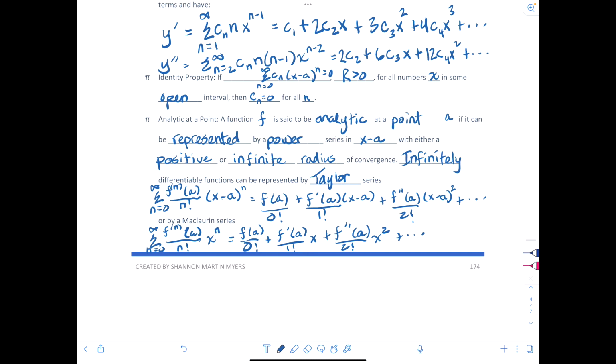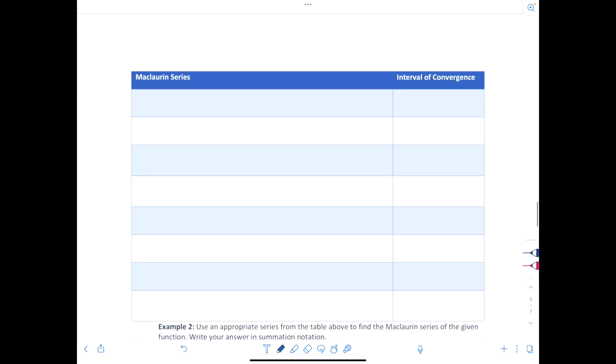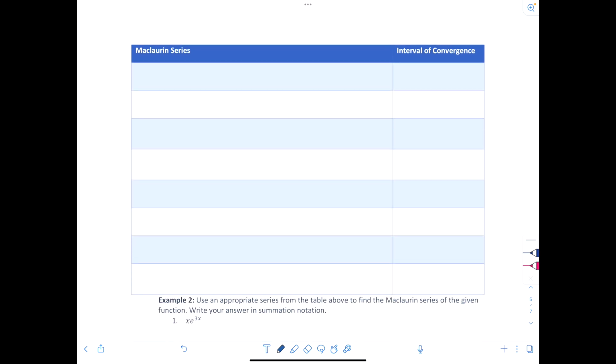Beautiful. All right, so here are some series of interest to us. We've talked about e to the x before when we were deriving some of our solutions.